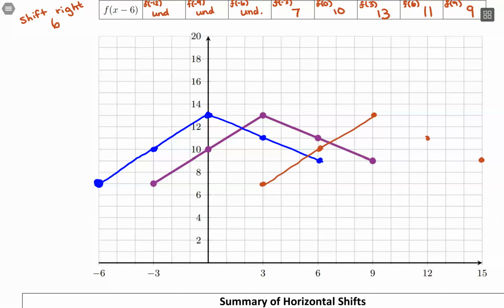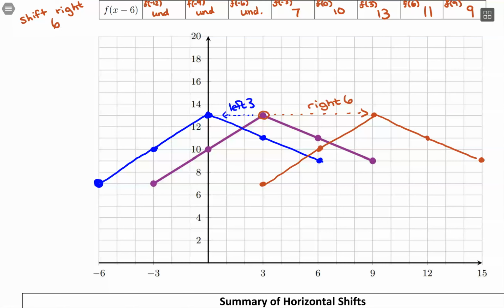Here's our new function. And what we can see here is where we have an original coordinate. We moved it to the right 6 units. Where with the blue function, we moved it to the left 3 units.